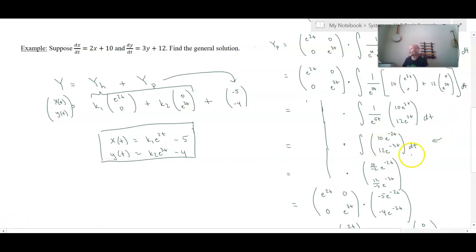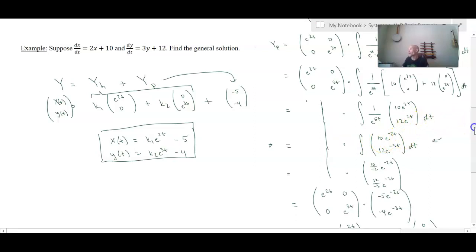Maybe you can't make it past this part, so you can only write your solution at this stage, where you say y sub p is going to be the x matrix times the integral of that vector, which we can't find.